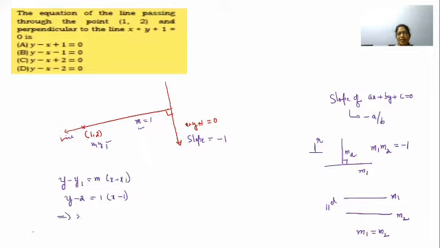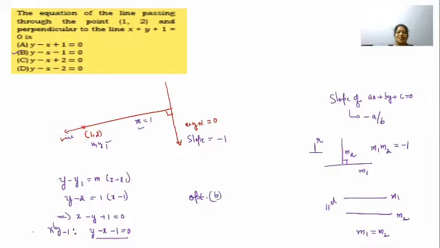Simplify this, you get x minus y plus 1 is equal to 0. Here everywhere you get to see y minus x. So multiplying by minus 1, I write the positive term first: y minus x minus 1 is equal to 0. Okay, so where do you get this option? Option B. That is the right answer.